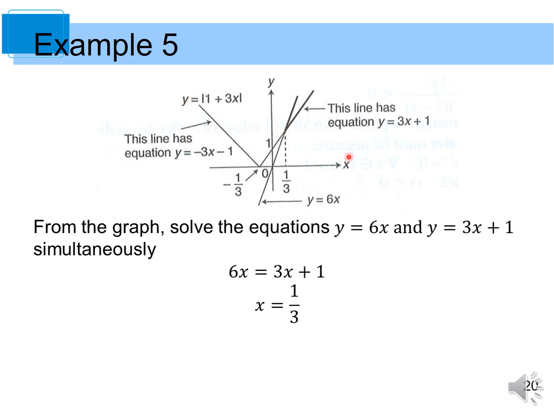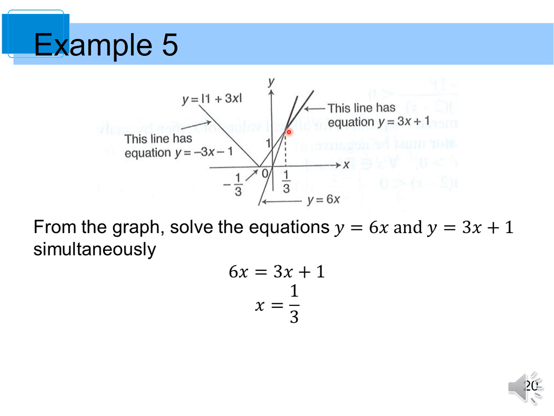And based on this graph, you can see there is only one intersection point, here. So you can solve it simultaneously based on the first chapter, how we get the points of intersection.